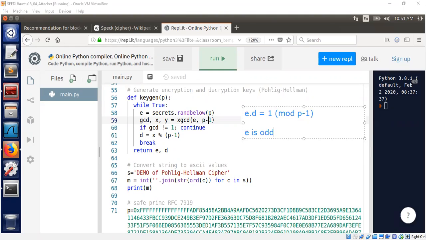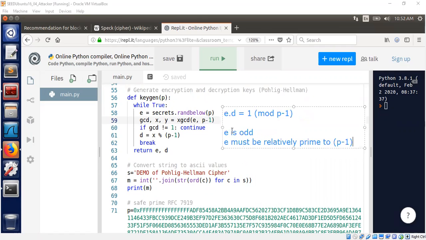So E has to be odd. That's the prerequisite. In other words, E must be relatively prime to p minus 1. Otherwise, this equation wouldn't have a solution for D. This comes straight from the basic congruence relationship.